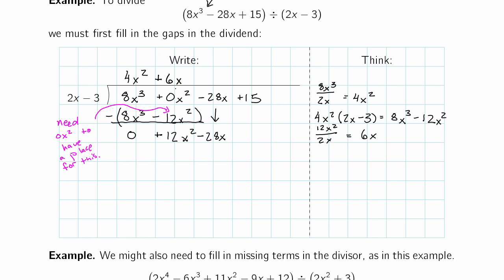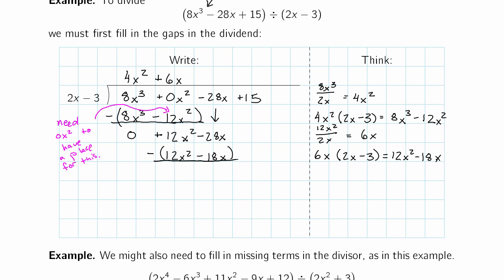Positive 6x is the next term in our quotient. 6x times 2x minus 3 will give us 12x squared minus 18x.